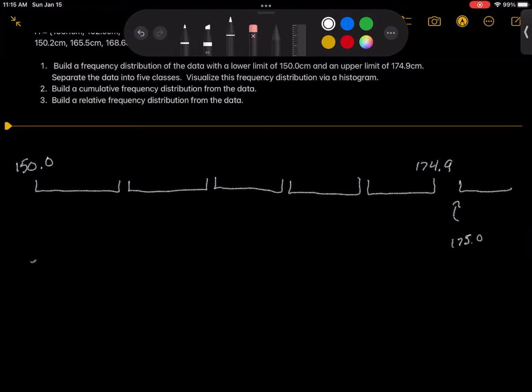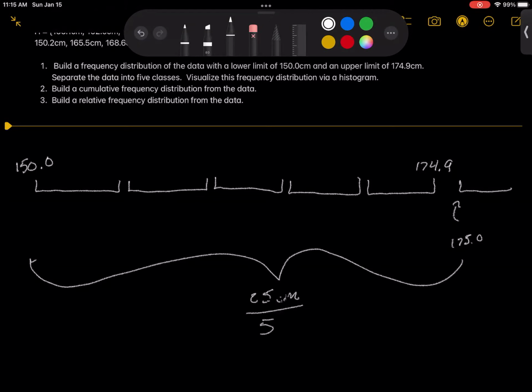So this range here is about 25. And if I want to separate a distance of 25 into 5 equally spaced classes, then each class should have a space of 5 units, right? This is 25 centimeters of space. I want to divide that into 5 classes. So each class will have 5 centimeters.